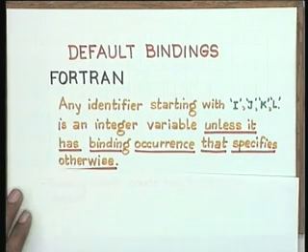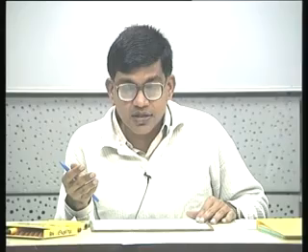So they had these things which actually makes matters really bad, because what can happen without these binding occurrences is that you might actually have a variable starting with i. You choose your identifiers so that they reflect the problem context, right.